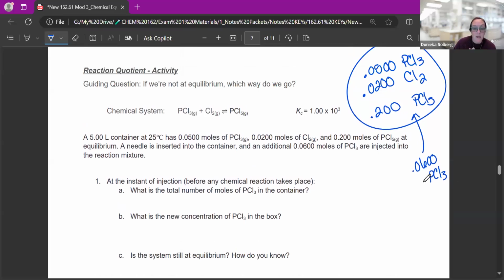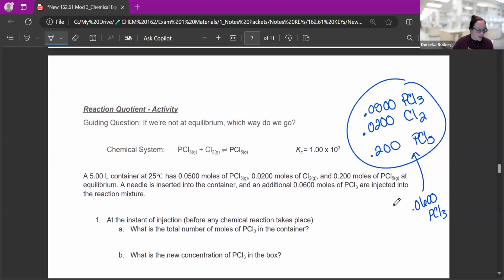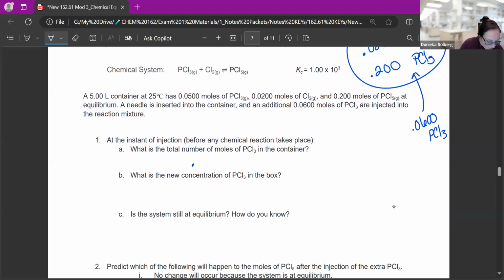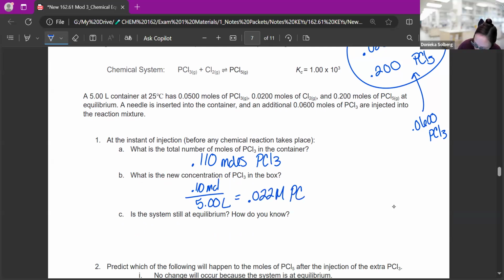Well, I added 0.06 to the already 0.05, so now I have 0.110 moles of PCl3. That means the new concentration of PCl3 is 0.110 moles over the container, which is still 5 liters. So I'm at 0.022 molar PCl3. That's what happens when I injected it.